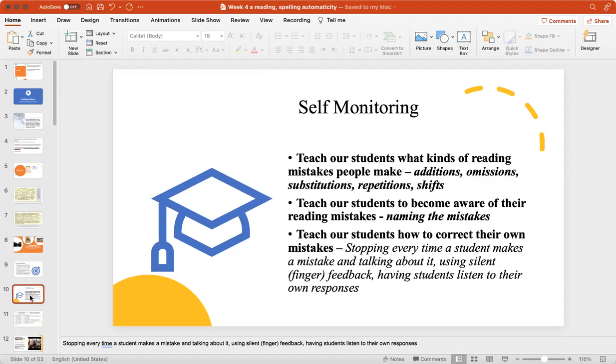Like one person, and I can't remember who it is now, said that when the student could not see their mouth, they had a much harder time doing substitutions, additions and omissions. And so we want our students to become aware of the types of mistakes so that they can then learn how to self-correct. And there's an idea, it's called scaffolding.